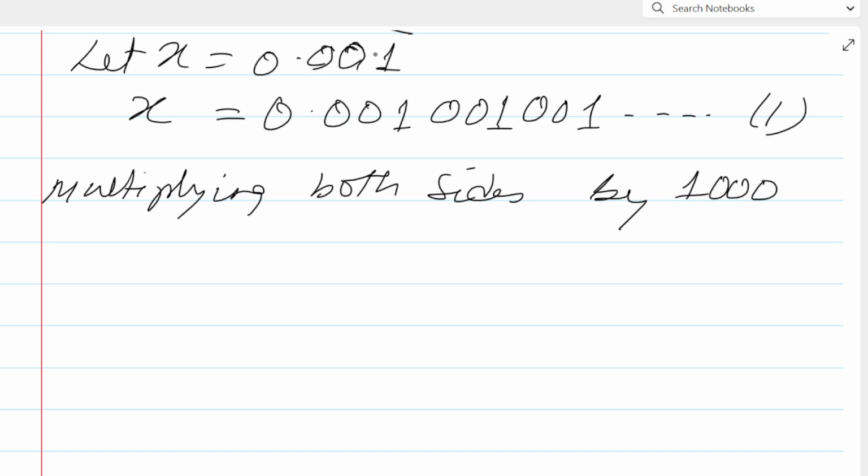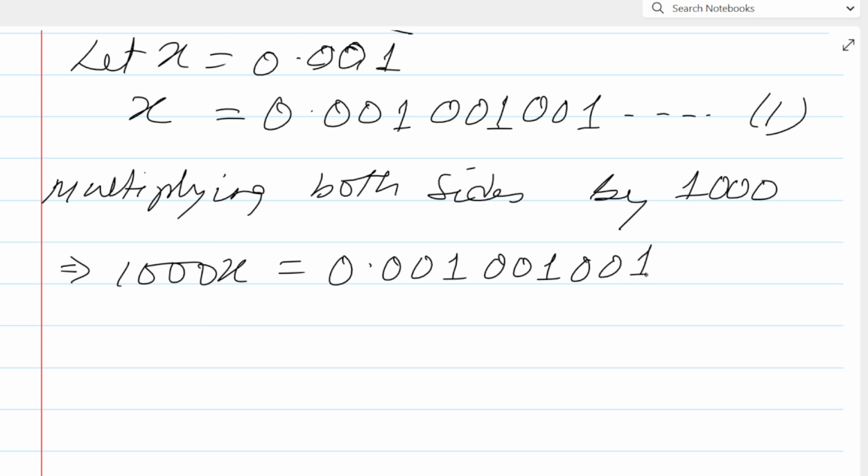So that gives me 1000x equals this multiplied by 1000. You can take as many repeats as you want, but I'll take only this much. The decimal point is here, so I'm multiplying by 1000.